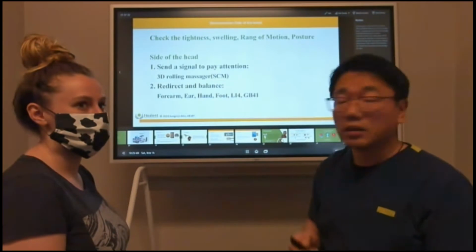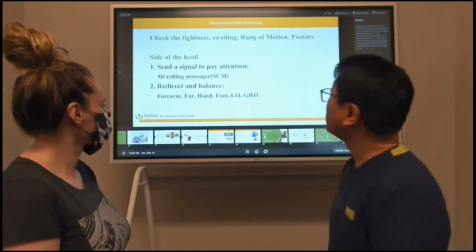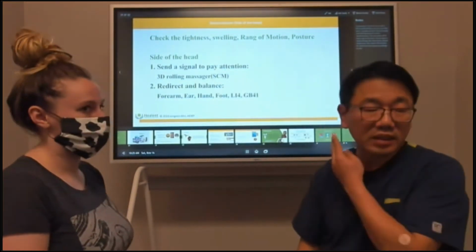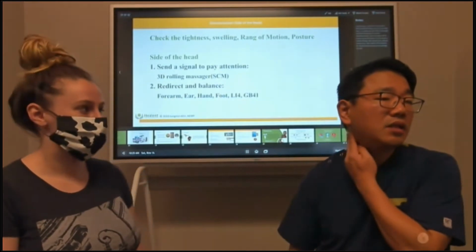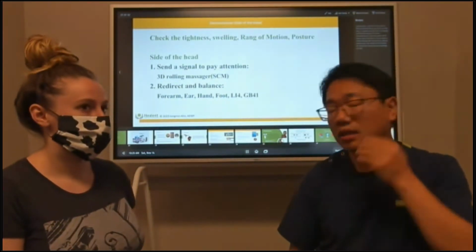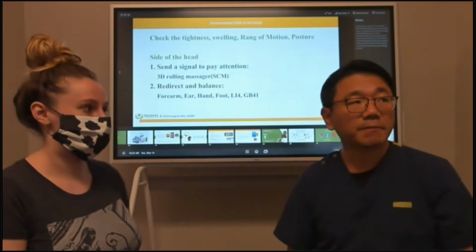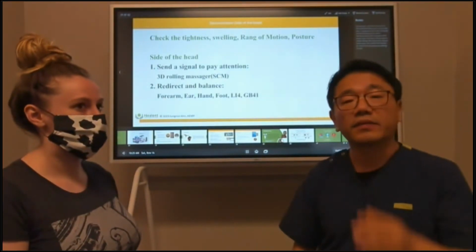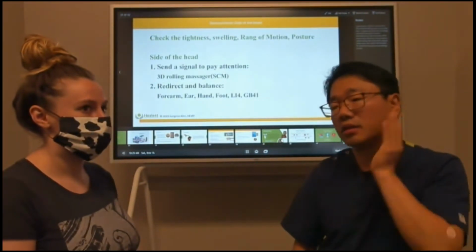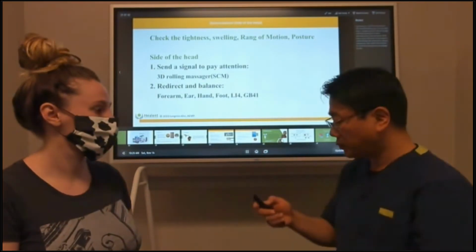So I'm gonna do the demonstration for the side of your neck, and the back of your neck and upper back, and the front side, your shoulder, and then your SCM muscle.